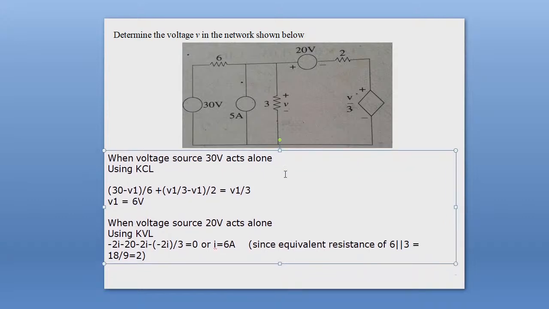Equal to 2. This is the equivalent 2 ampere. So you have considered the current flow through this circuit as I in clockwise direction.